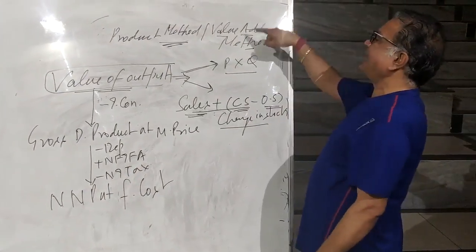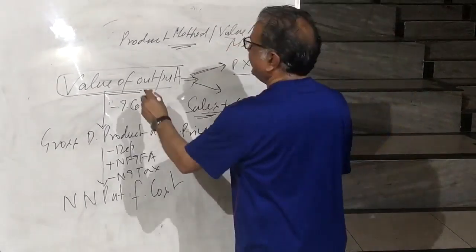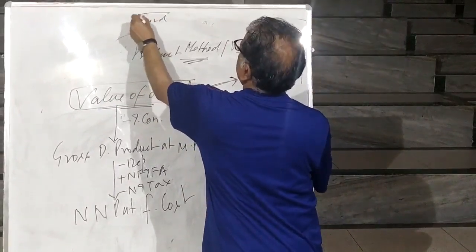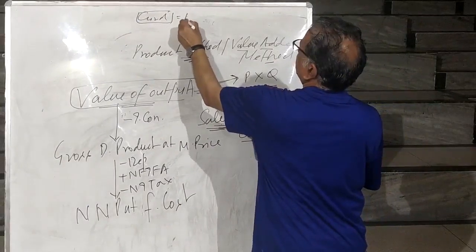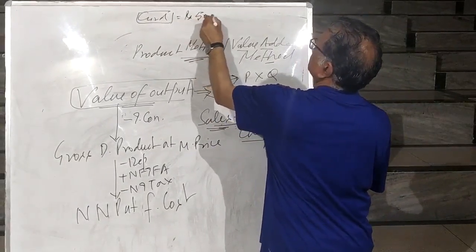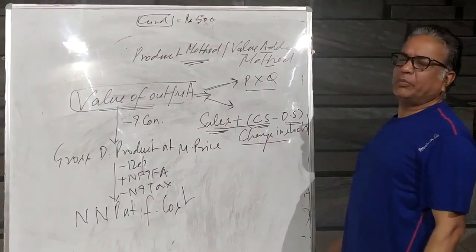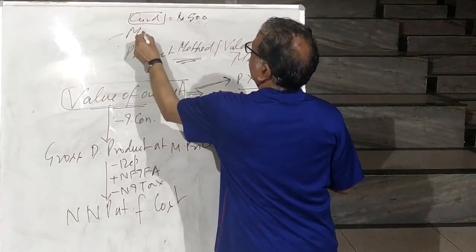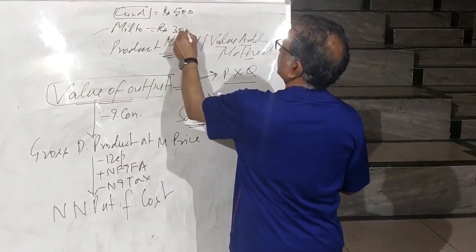Now the question is why it is called the value added method. See, when you are saying the value of output, suppose the output is curd, right? The output is curd and the value of curd produced is rupees 500. And what is the raw material in producing curd? It is milk. Now the question is, what is the value of milk used in producing curd? Suppose the value of milk is rupees 300.